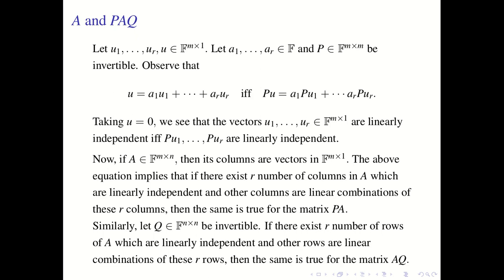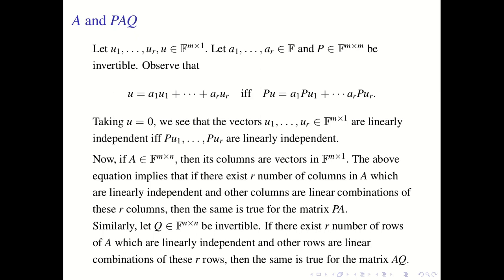Now if I take an invertible matrix P, then the above equation implies that if there exist r columns in A which are linearly independent and other columns are linear combinations of these r columns, then the same is true for the matrix P times A. The same way, if I take Q to be an n cross n invertible matrix, then we can make the conclusion that if there exist r rows of A which are linearly independent, and the other rows are linear combinations of these r rows, then the same is true for the matrix AQ.